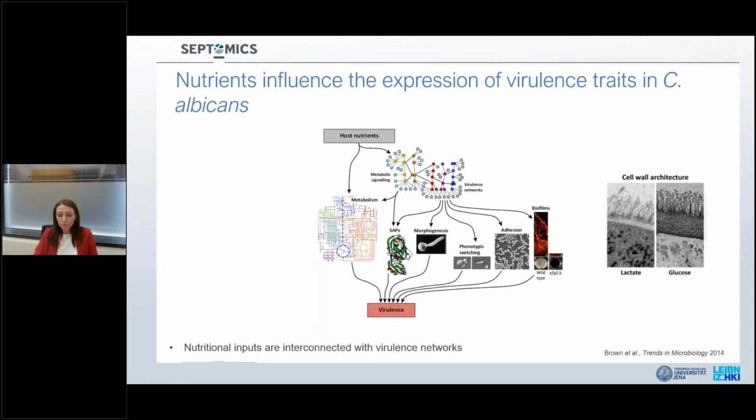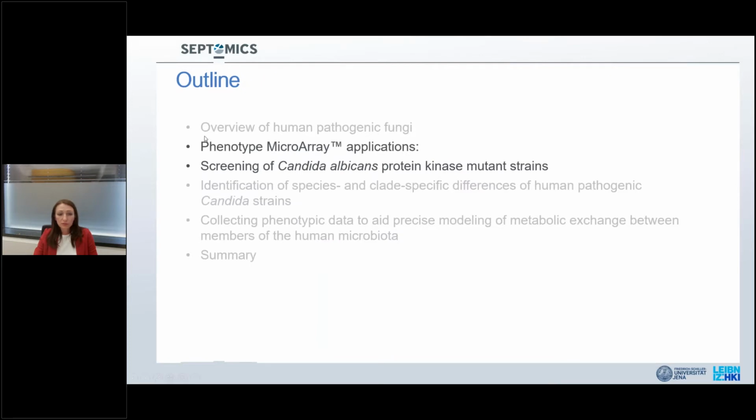I will proceed with one specific example of such a link that we established with the help of phenotypic microarrays. So now we go to the phenotypic microarray applications, and I will show you how we used them to screen for protein kinase mutant strains and find novel phenotypes.